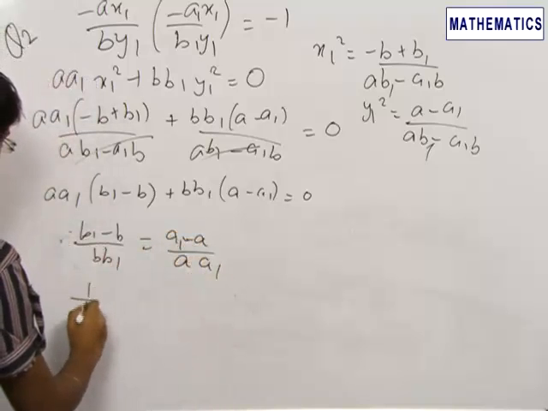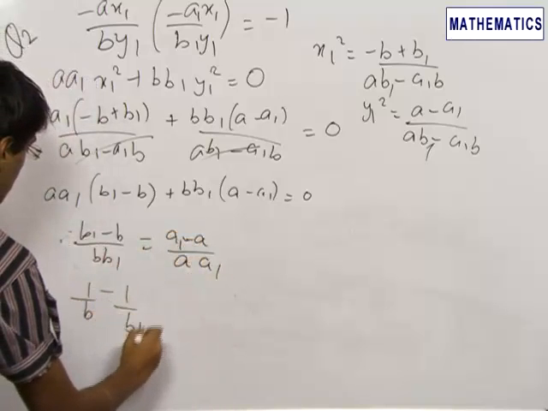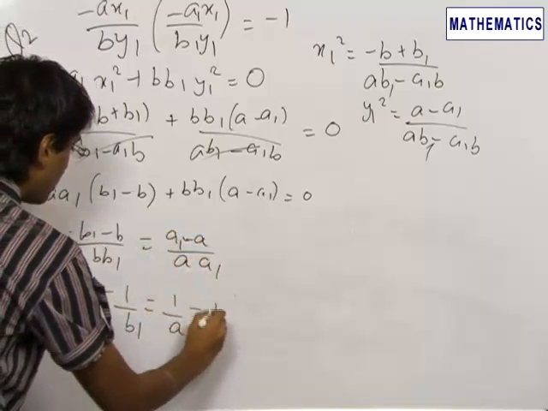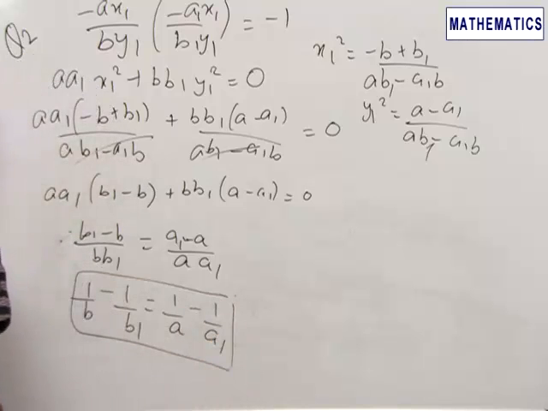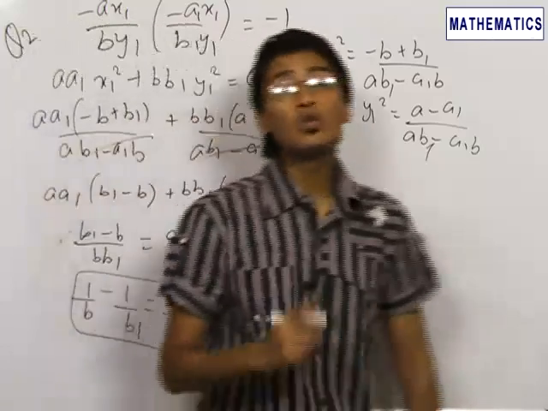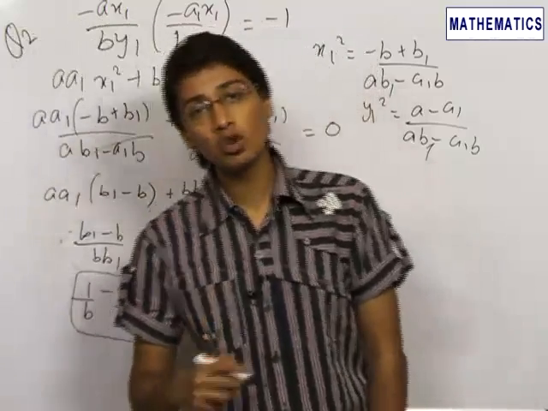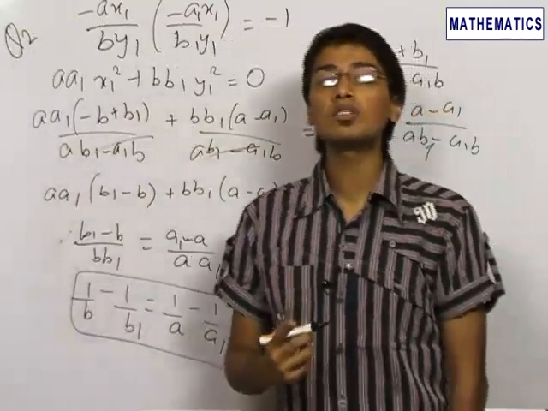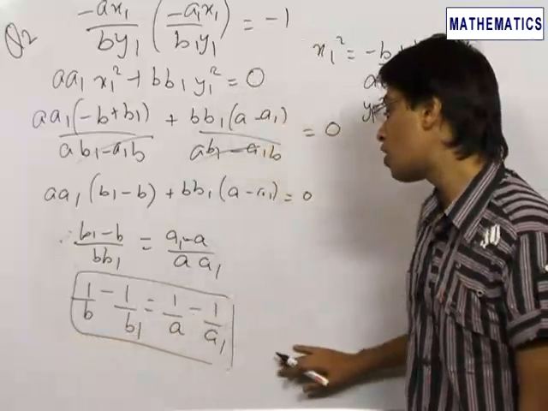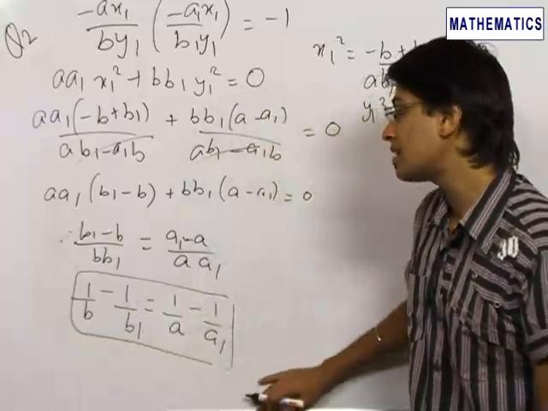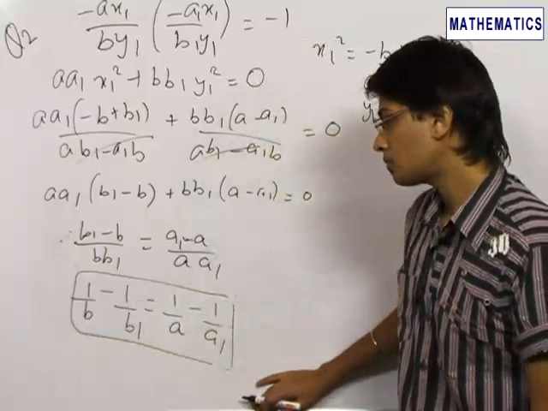This becomes 1 upon b minus 1 upon b1 is equal to 1 upon a minus 1 upon a1. And hence the condition, if the two curves ax square plus by square is equal to 1 and a1x square plus b1y square is equal to 1 cut orthogonally, is 1 upon a minus 1 upon a1 is equal to 1 upon b minus 1 upon b1.